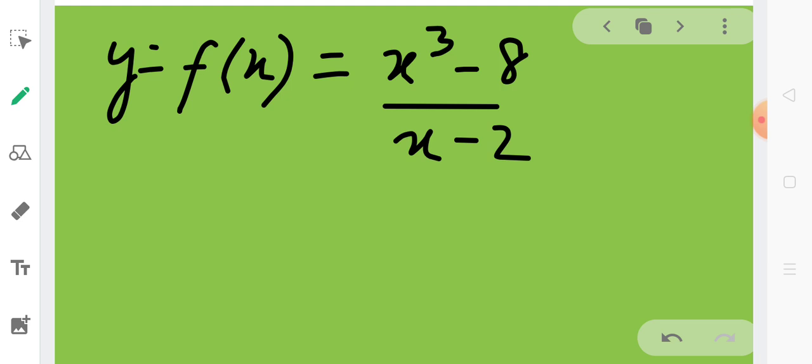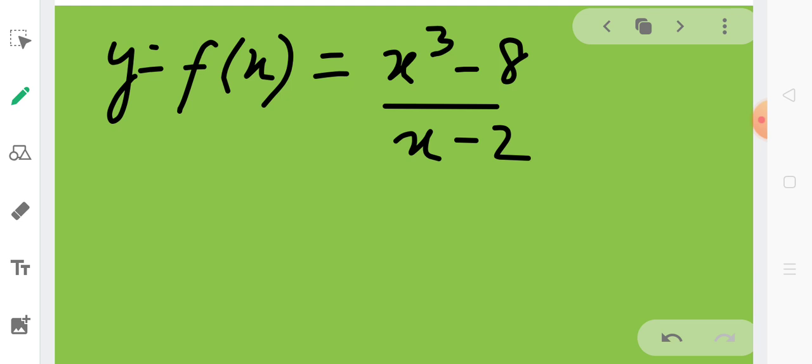Now one basic rule in mathematics that you all might be knowing is that division by 0 is not allowed. So can anybody tell me when this function will assume an indeterminate value? That is, it cannot be defined. Indeterminate means when the function becomes 0 by 0. Obviously for x equal to 2.